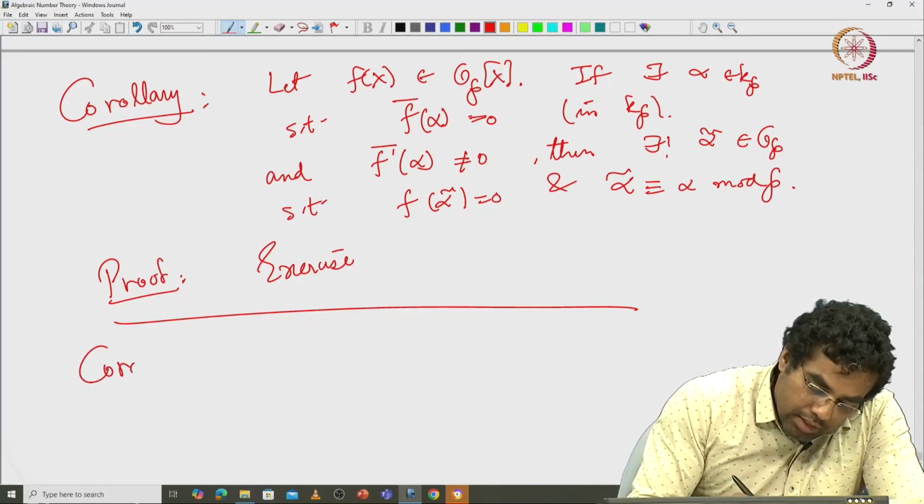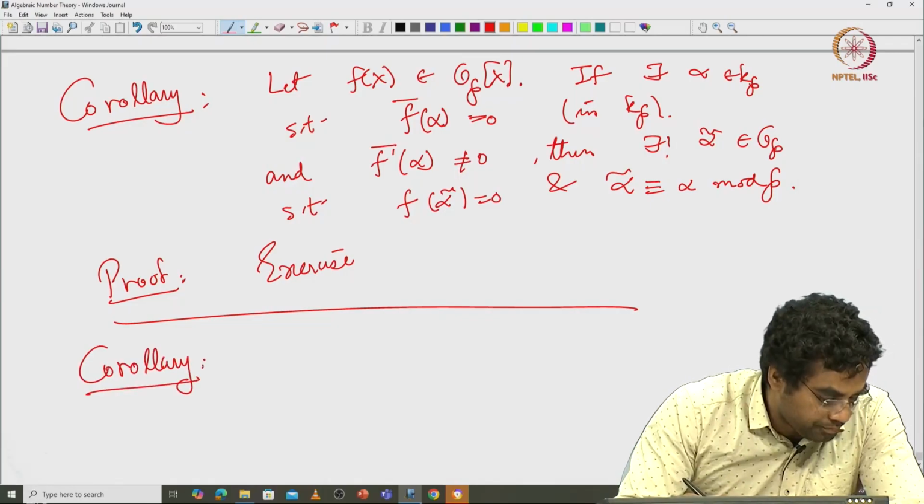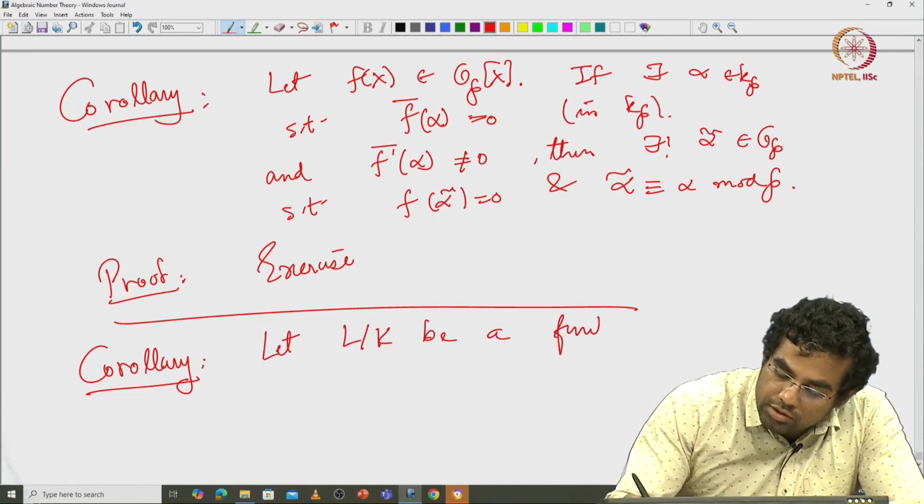So, as a corollary we get the following. Now, let L over K be a finite extension of number fields.